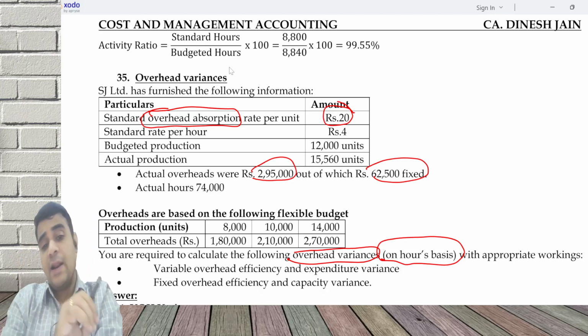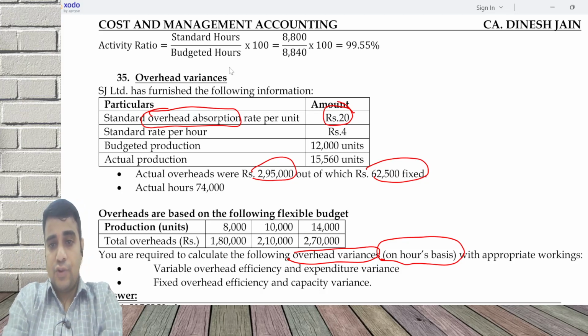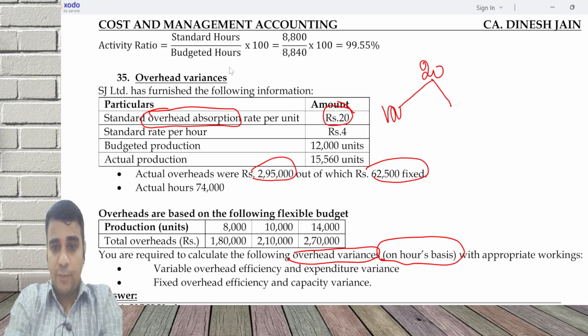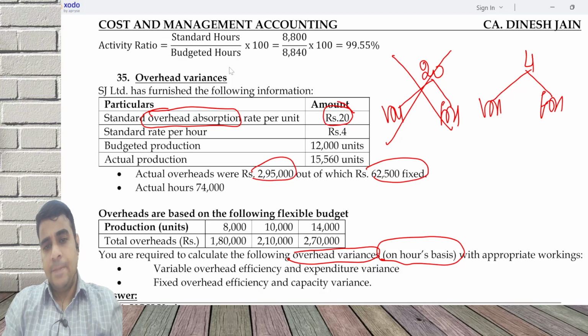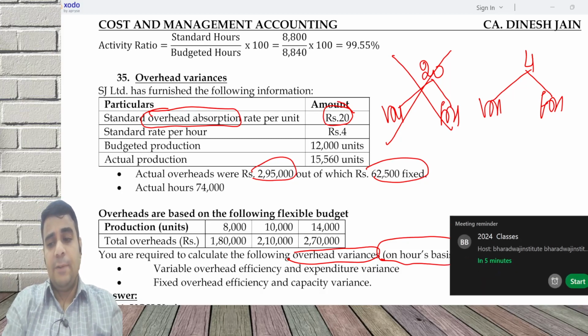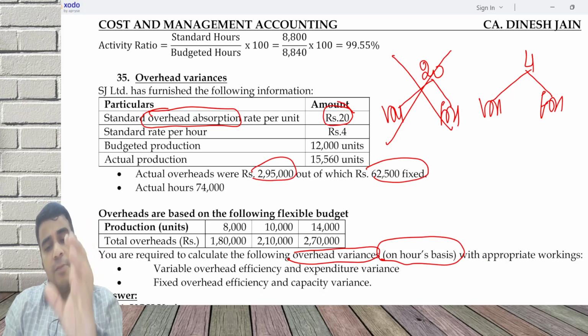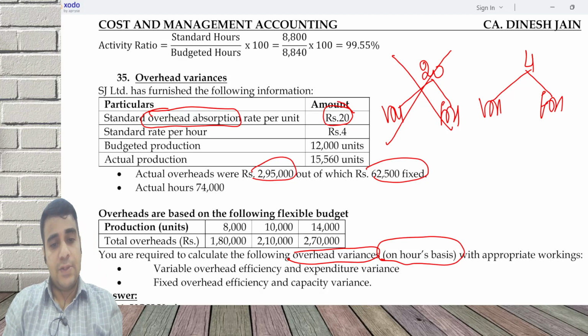Standard rate per hour will also indicate variable and fixed put together. So this 20 rupees I will have to split into how much is variable and how much is fixed. Similarly, the standard rate per hour is 4 rupees, and in that, how much is the variable component and how much is the fixed component is what we need to analyze.